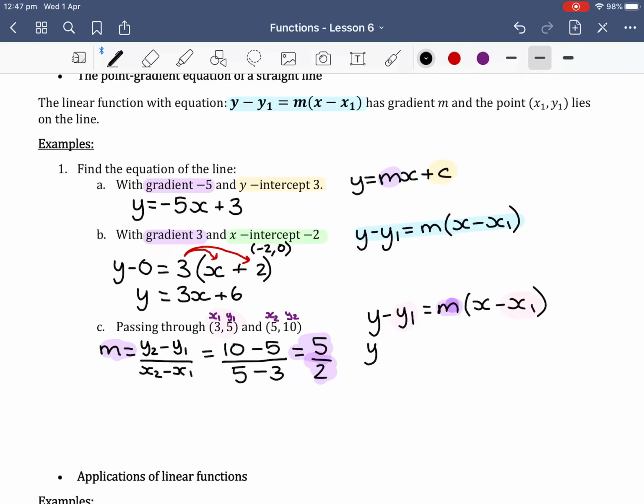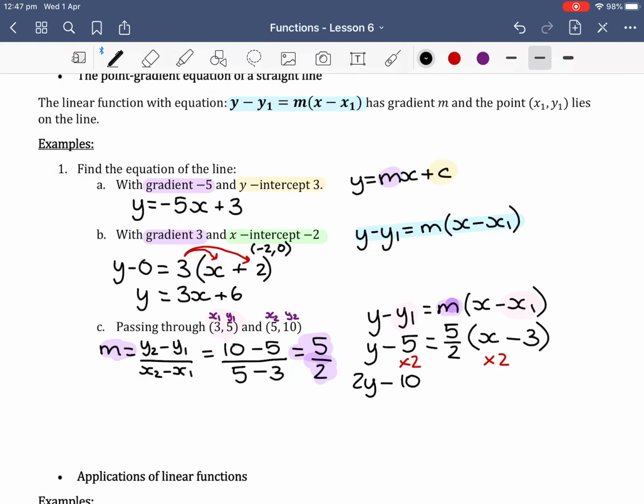So we'll have, I'm just going to do it underneath here, y minus our y1 of 5 equals our gradient, which is 5 over 2 times x minus our x1 of 3. So now that we have done that, I want to get rid of this fraction of 2 first. So I'm going to multiply both sides by 2 to remove the denominator of the fraction.